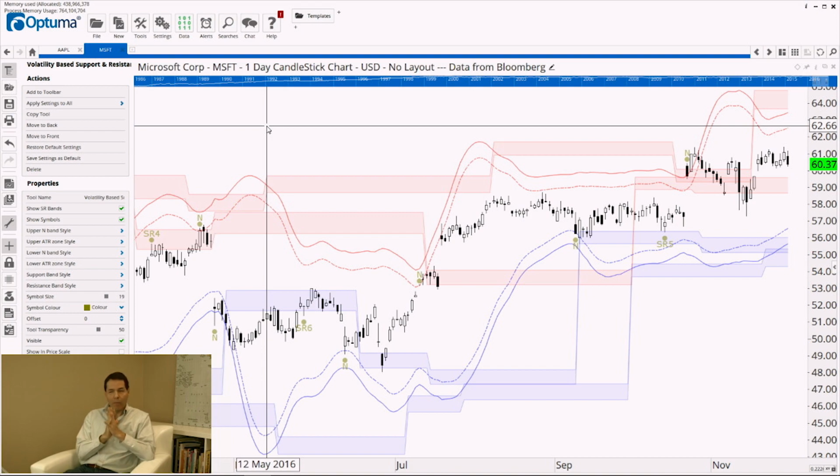Now, let's try and look at that in terms of what we see here on this chart. If this is a daily chart of Microsoft, most of the buying and selling of Microsoft is going to be through derivative contracts, not by outright selling and buying.